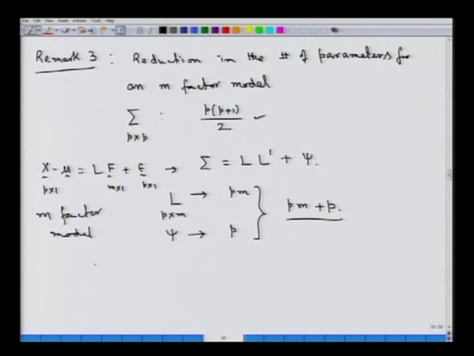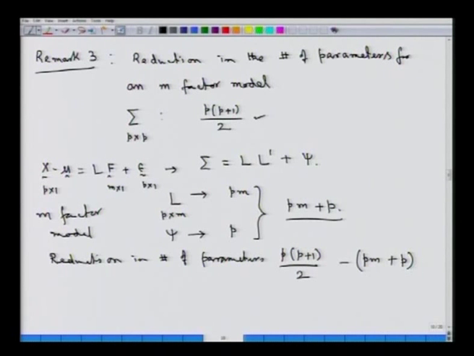So the reduction in the number of parameters: this is the original setup, p into p plus 1 by 2, minus pm plus p, which is the number of parameters in the m-factor model. Simplifying this, we get p by 2 into p plus 1 minus 2m minus 2.